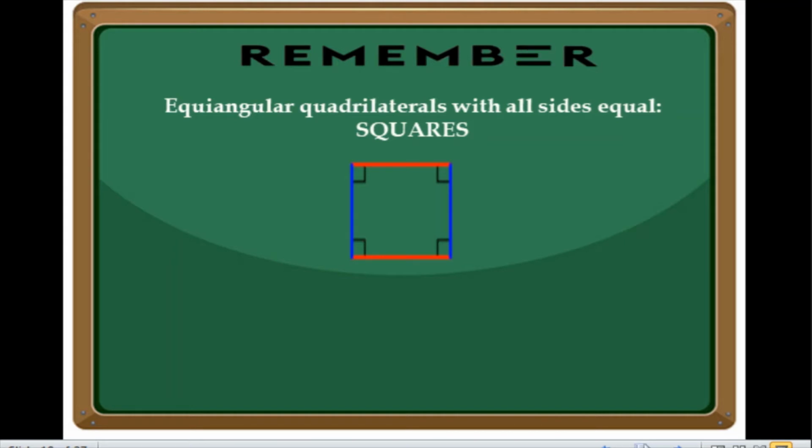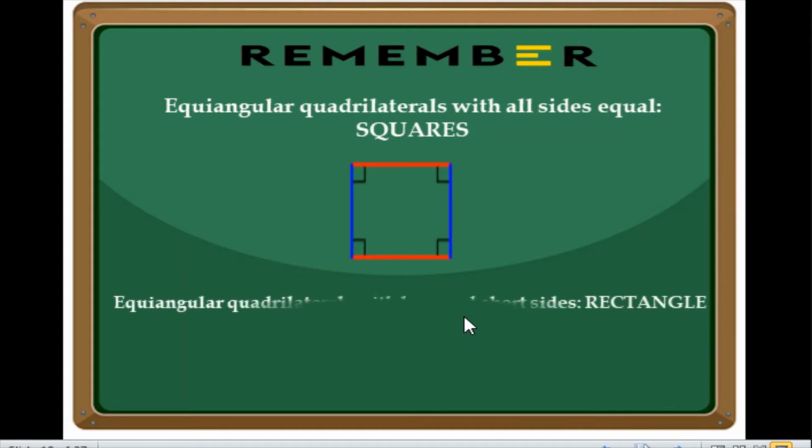How about the next one? Everybody read, please. Equiangular quadrilaterals with long and short sides are what we call rectangles. Okay, this is how a rectangle looks like.